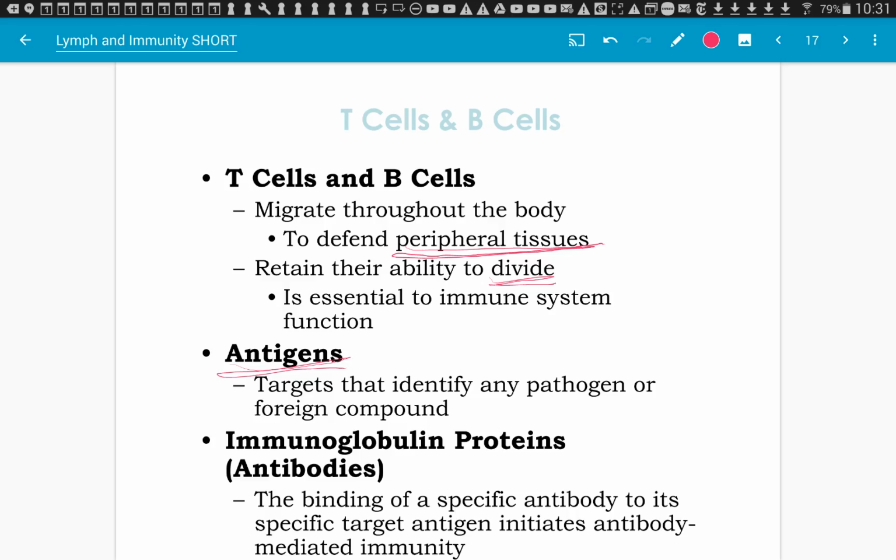Okay, so foreign and pathogen. And then we have our antibodies. Remember, antibodies are immunoglobulins. A specific antibody will bind to a specific antigen. It's like the receptor thing again, where it has to be the perfect fit. So an antibody only works for a very specific type of disease, for example.